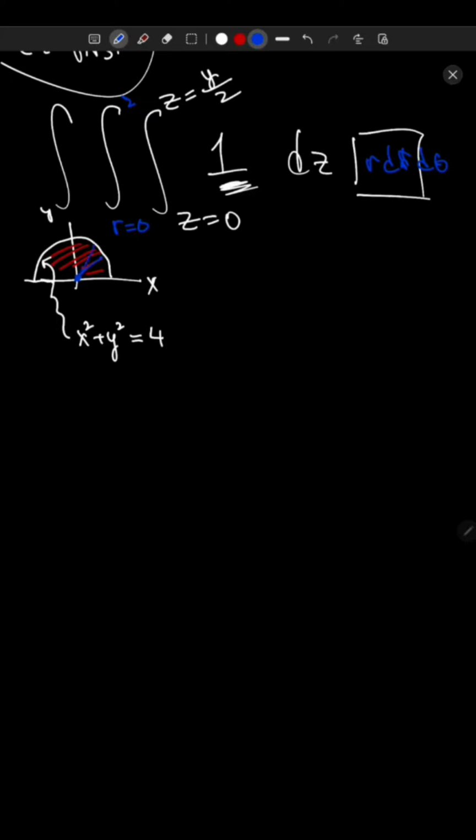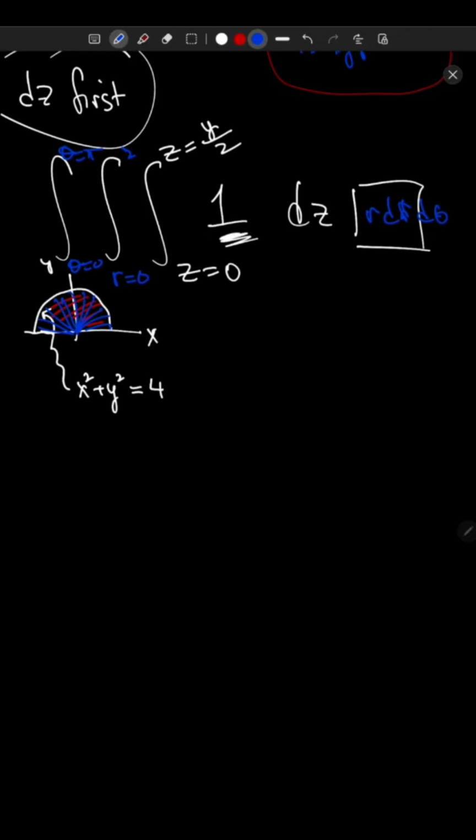This is a circle of radius 2, and then we're filling this up with rays, starting from theta equals 0 to theta equals pi. So you don't necessarily have to set it up completely as a rectangular xyz integral straight from the start.